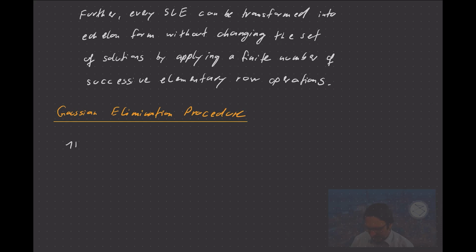So how do we proceed here? We start by translating our system of linear equations into tableau form, of course. So start with a system of linear equations in tableau form.